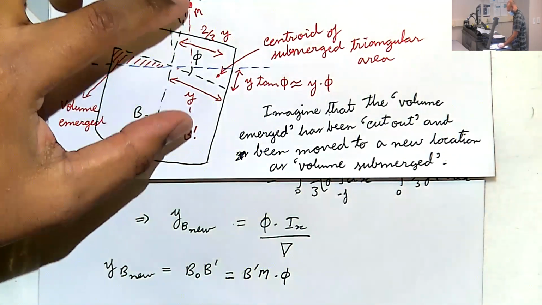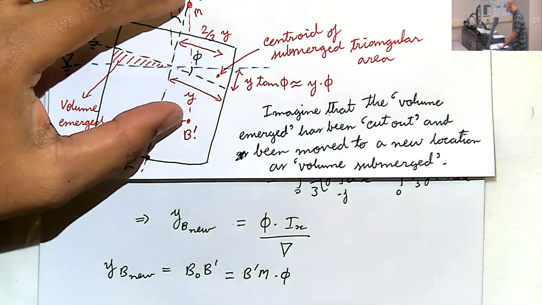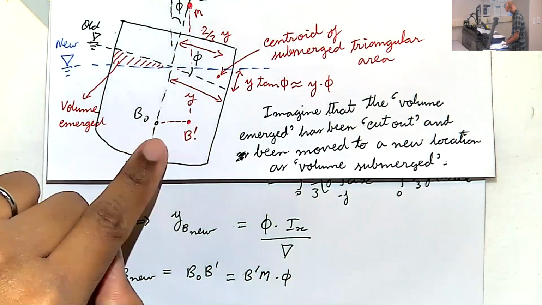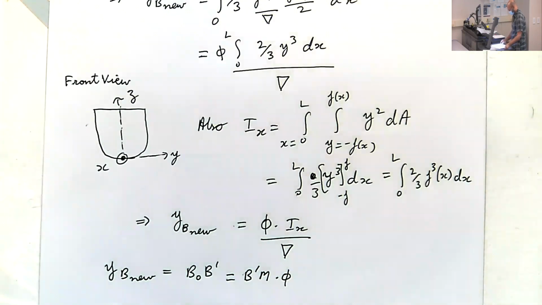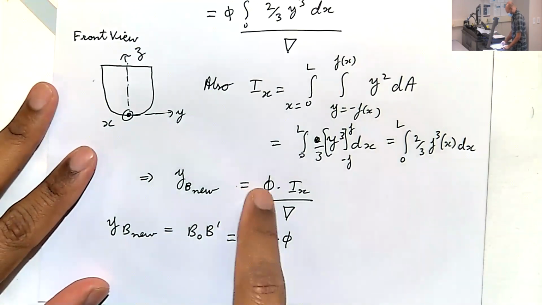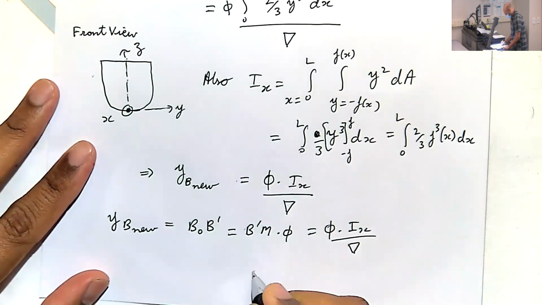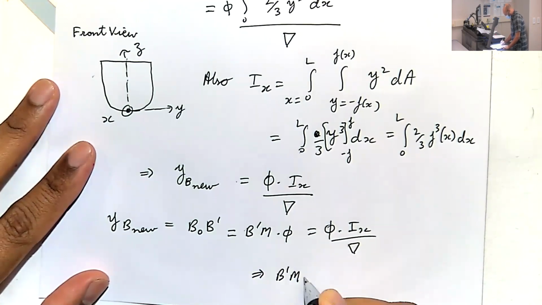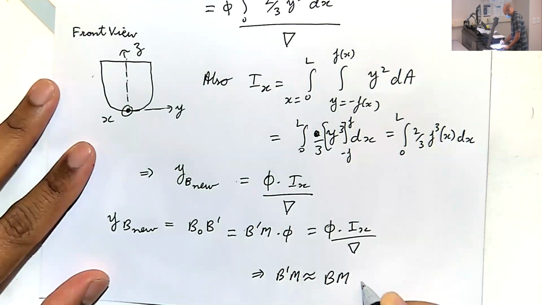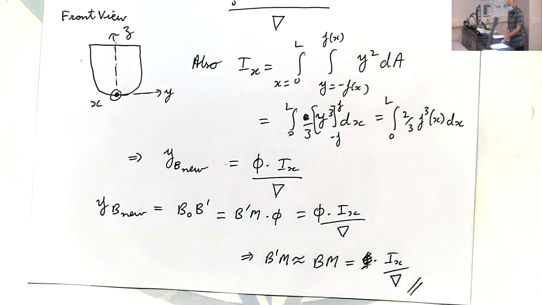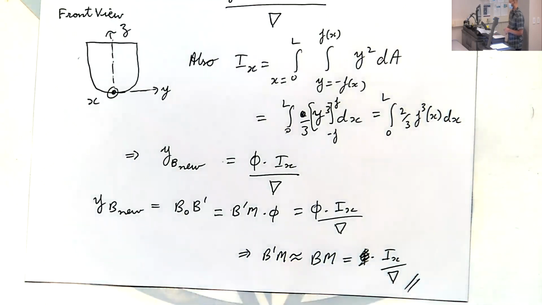Again, trigonometry: the radial distance times the angle gives you the arc length. And we just wrote this is equal to phi times Ix over nabla, which gives us B prime M, which is very close to BM equal to Ix over nabla, no phi. And that's the reason why we had BM equal I over nabla. That's where it comes from.